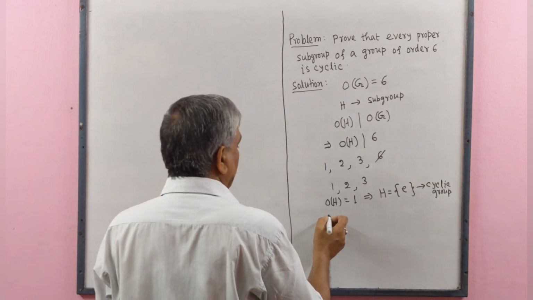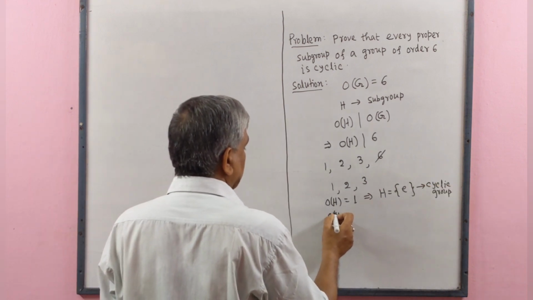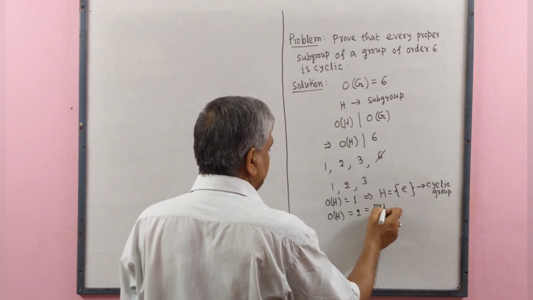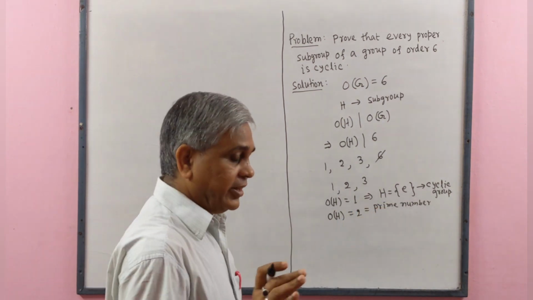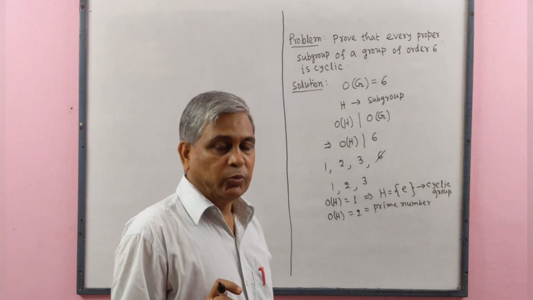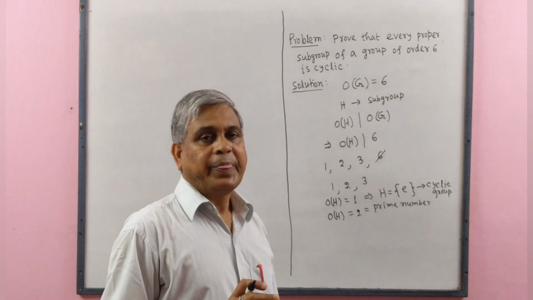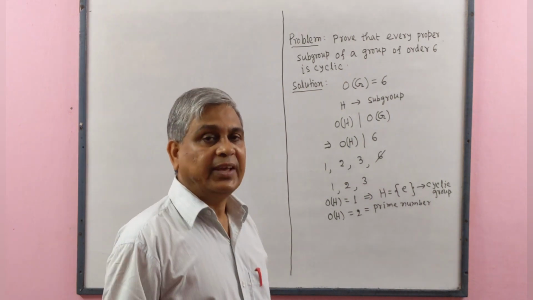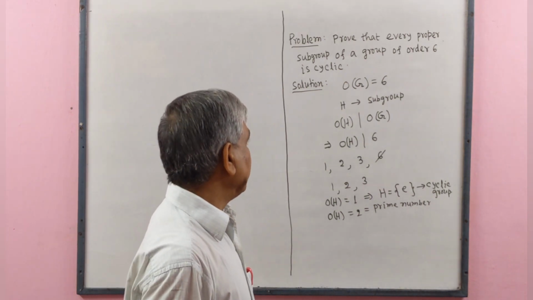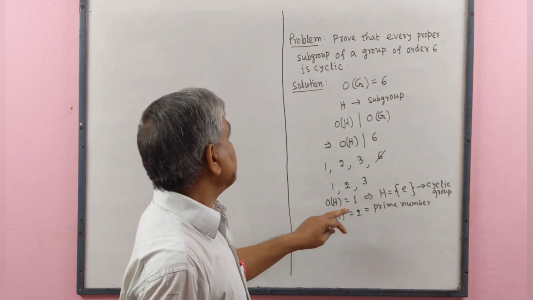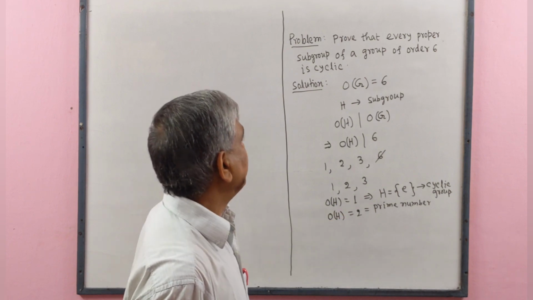If order of H is 2, 2 is a prime number. We know that every group whose order is prime is a cyclic group. Therefore, H is a cyclic subgroup.